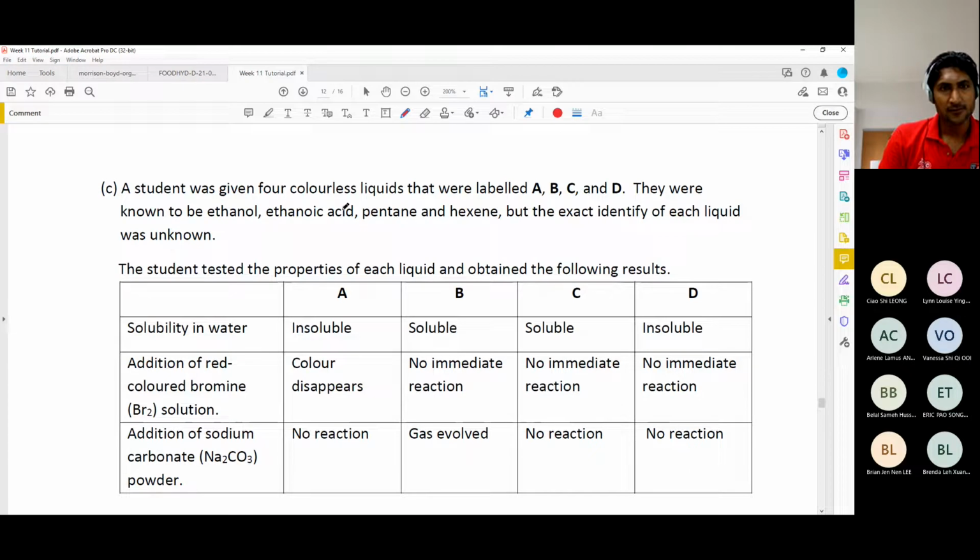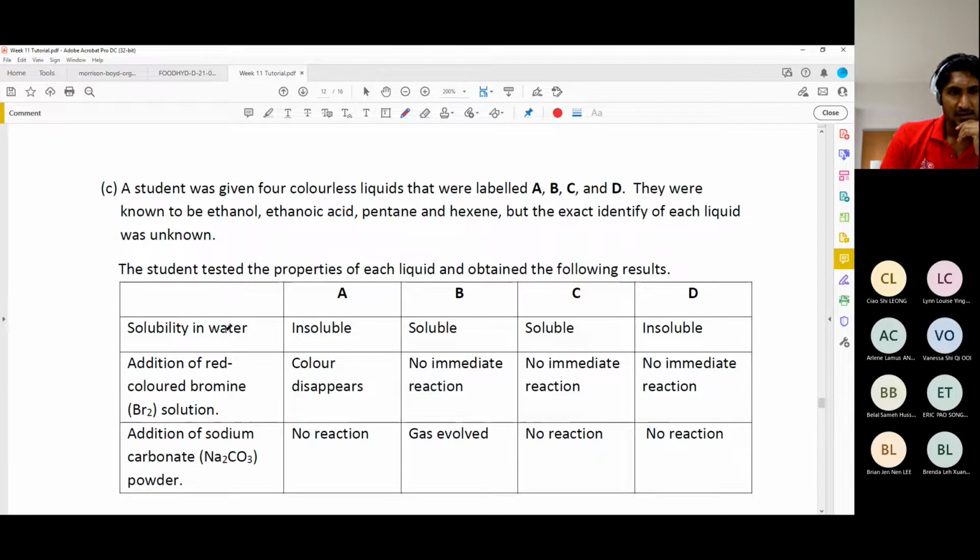A student was given 4 colorless liquids that were labeled A, B, C, and D. They were known to be ethanol, ethanoic acid, pentane, and hexene, but the exact identity of each liquid was unknown. The student tested the properties of each liquid and obtained the following results.